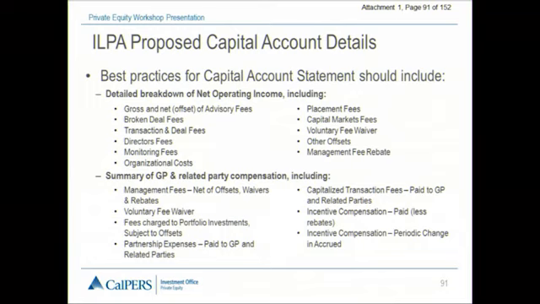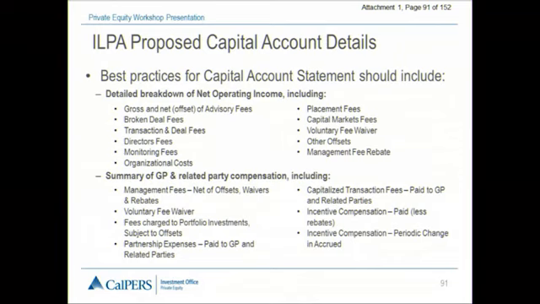So you've heard a lot earlier in the day about ILPA and the proposed capital account details. CalPERS has been working with ILPA for over a year on this transparency initiative. We have been working alongside other limited partners. As Ted mentioned earlier, this will go live in January.